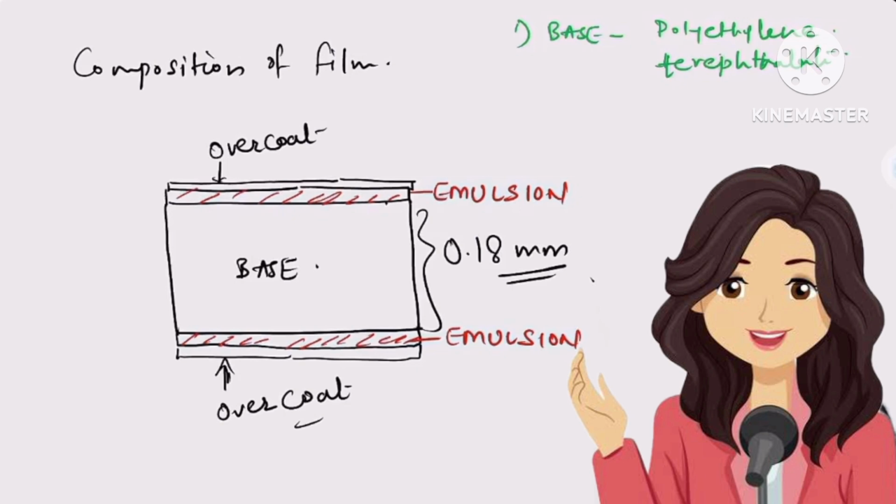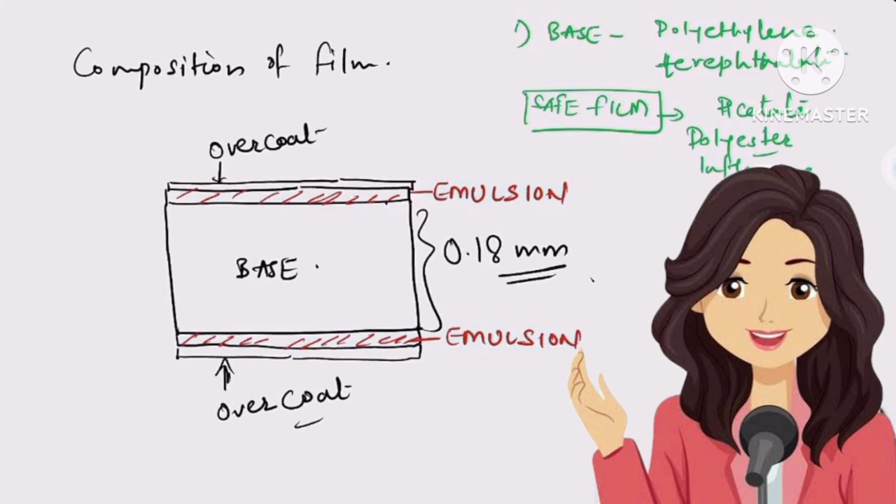And this is an extra point that you remember: when it is called a safe film, the base is made up of polyester, acetate polyester. Then it is called a safe film because it is not inflammable. All right. So the base is made up of polyethylene terephthalate.